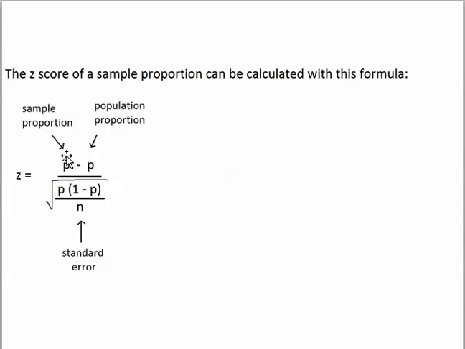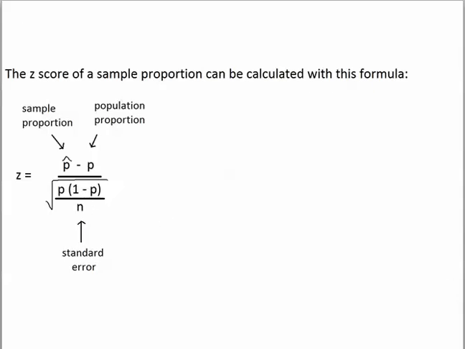So if that sample that's 45% male came from a population that's 50% male, the population proportion p would be 0.50. Here's p again, population proportion, or population percentage as a decimal. Here's p again, and here's n, which is the sample size.